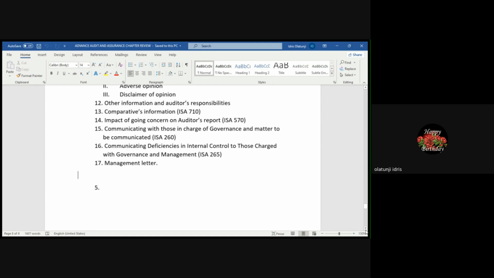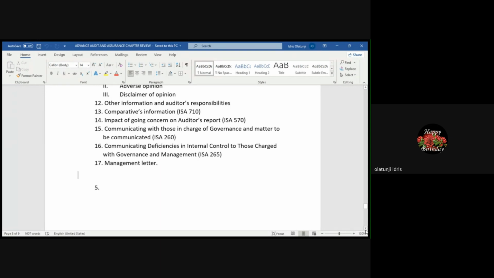So let me see your comparative figure that you are asking me about. Like I have explained before now, comparative information refers to corresponding figures unless in certain circumstances. I've already told you before that we need to compare our opening balances and the closing balances of last year.